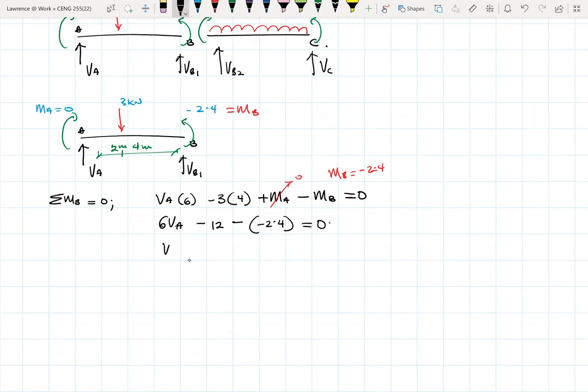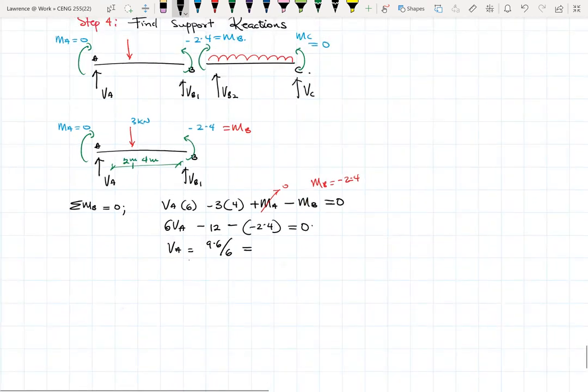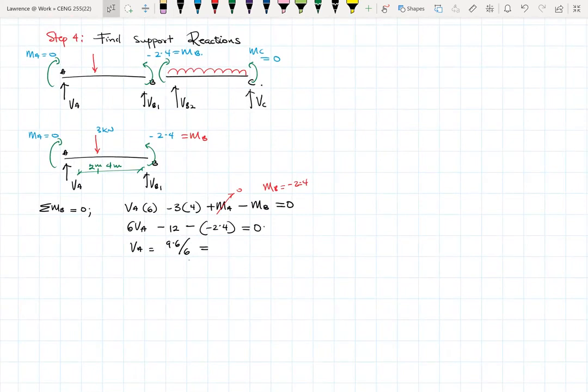So it means that our VA here is simply 9.6 over 6, and that should give us, I'm hoping I'm correct. What did I get? Do I remember what I had?